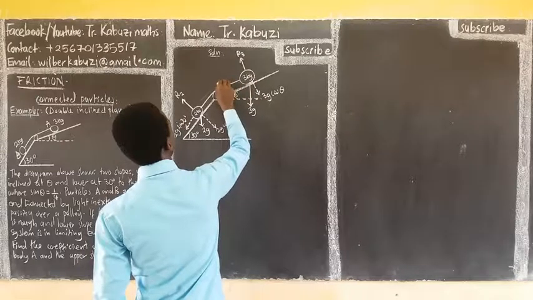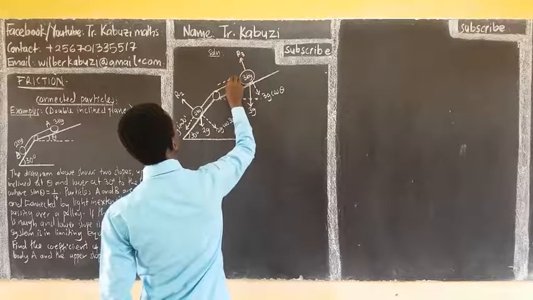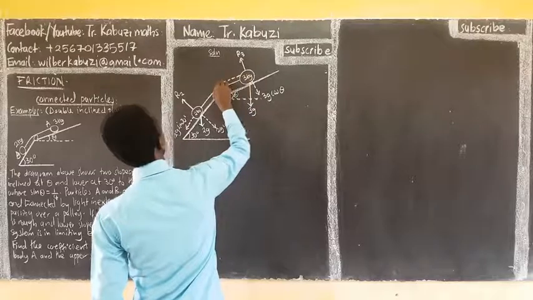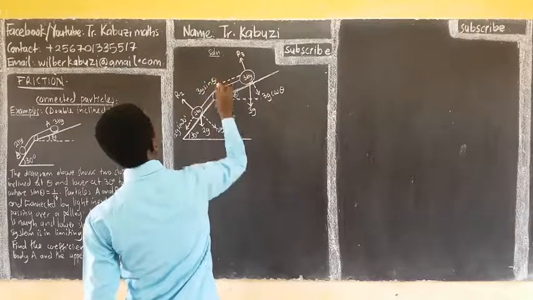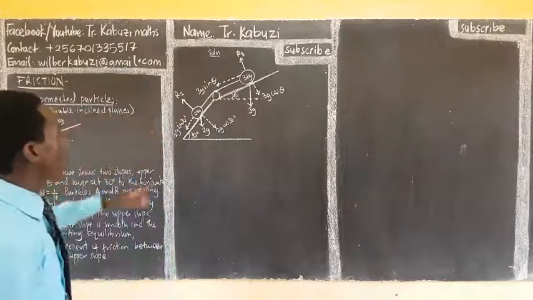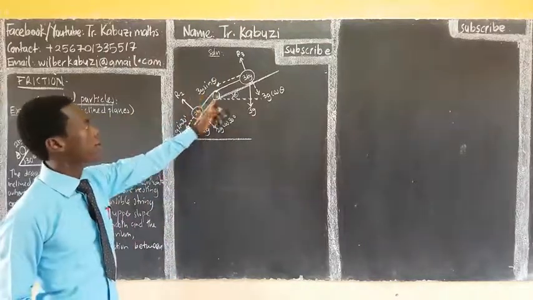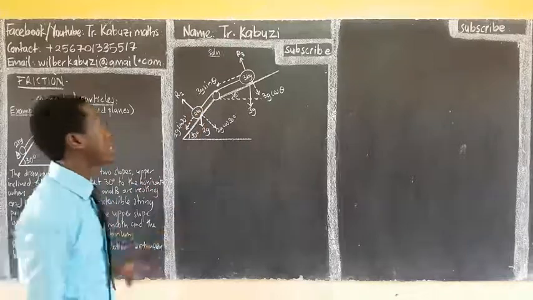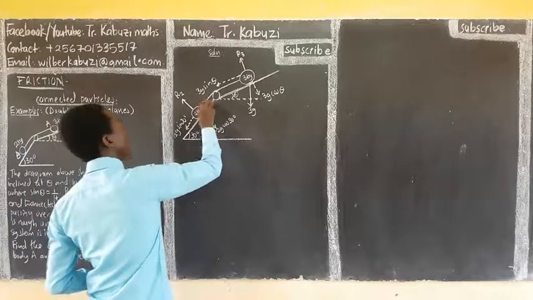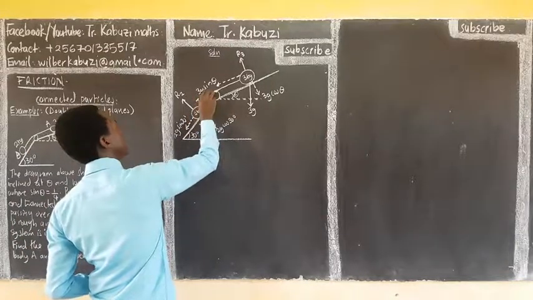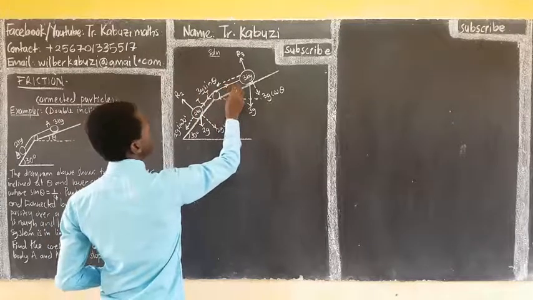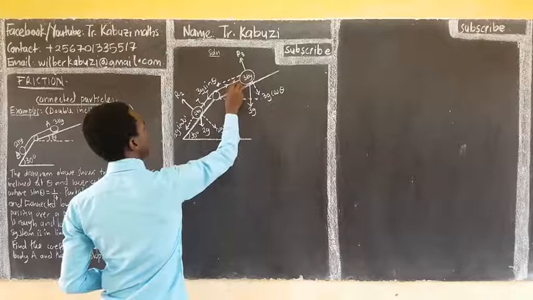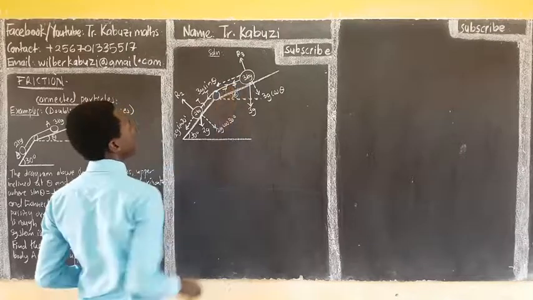This particle, I'm going to do this. So this is going to be 3g sine theta. You know that this string is going to have the same tension because it's the same. So this one is going to have T, then here also T. I also expect T in that string there, and then also here T.